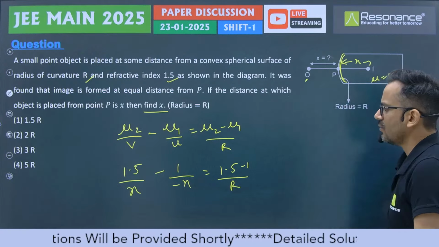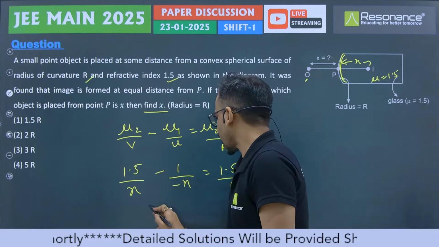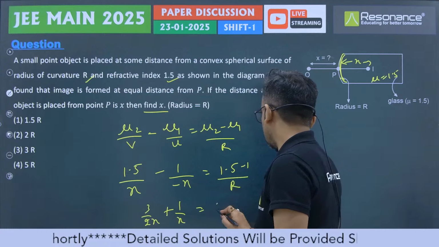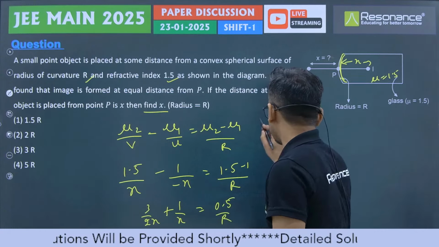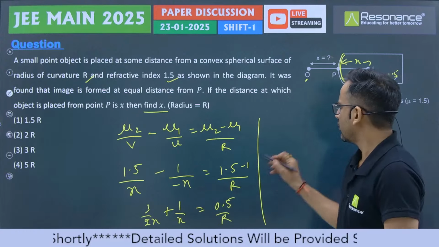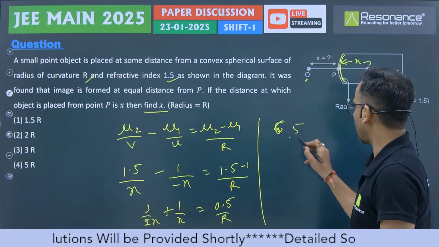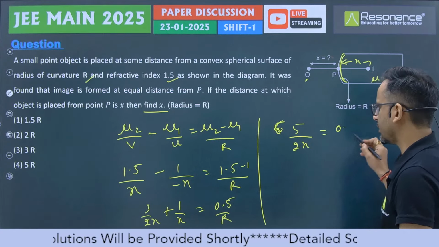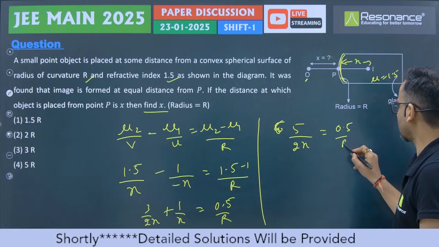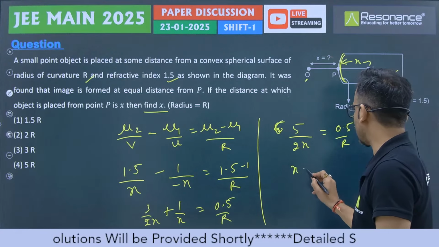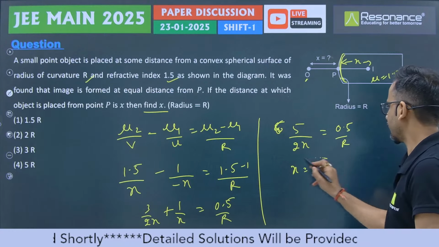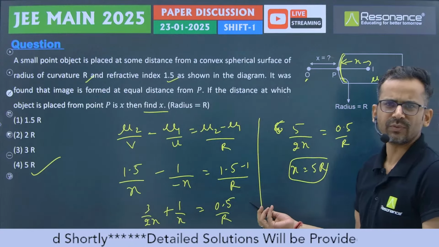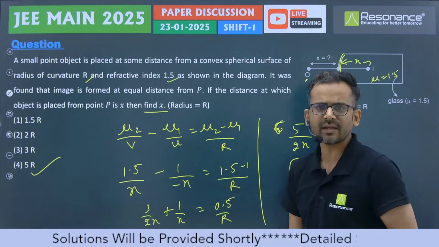From here this will become 3 upon 2x plus 1 upon x is equal to 0.5 upon r. From here, 3 plus 2 is 5, 5 upon 2x is equal to 0.5 upon r. So from here we get x equal to 5r, right? So this is the correct option. It was just a formula based question. We need to apply a sign convention, that's it. Okay. Moving to the next question.